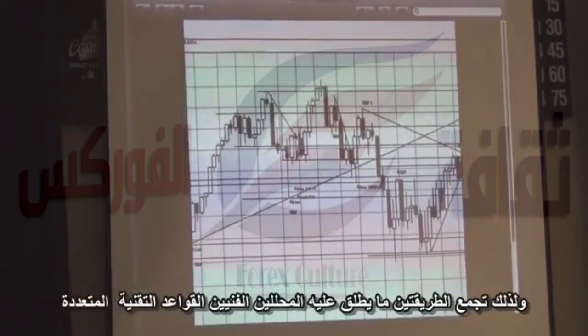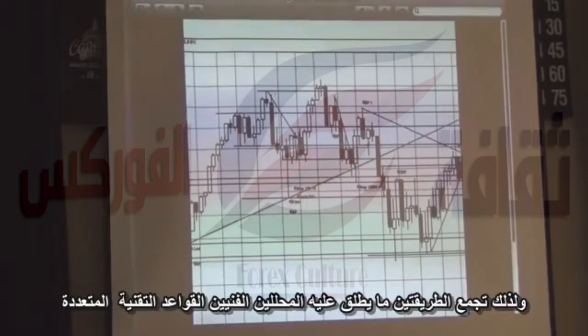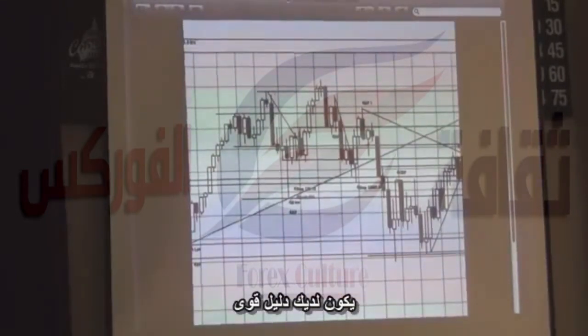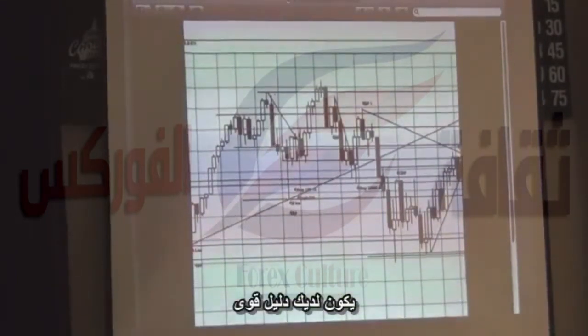So two methods combined in what technicians call the rule of multiple techniques. The rule of multiple techniques says that if you get the same result from two measures, you have an especially strong case.